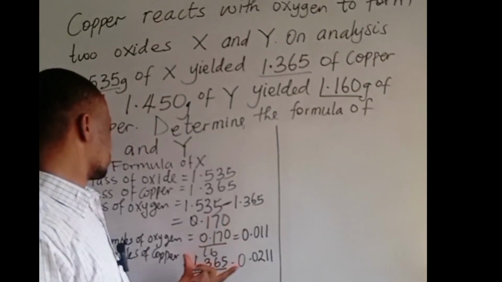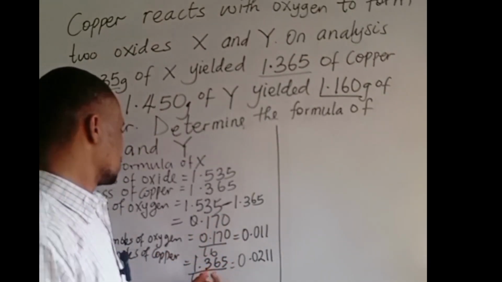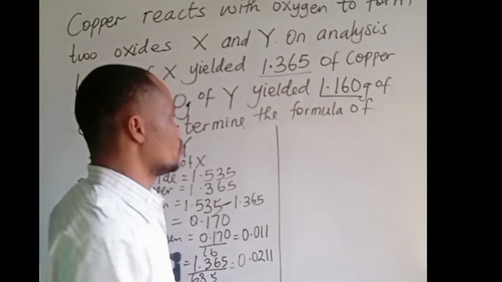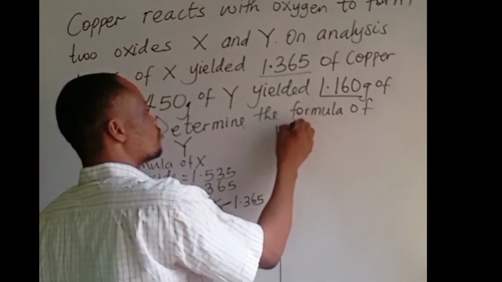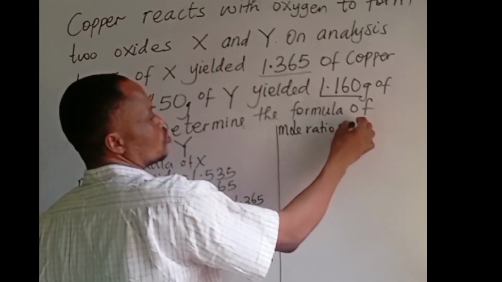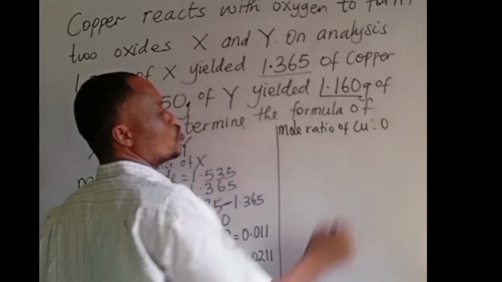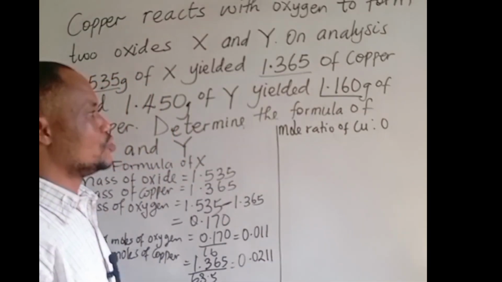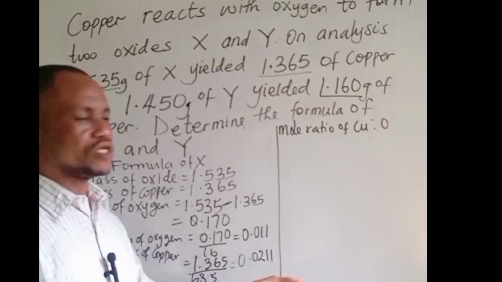Okay? Then the next thing, having calculated this, is to calculate the mole ratio of copper to oxygen. The highest ratio over the smallest ratio.